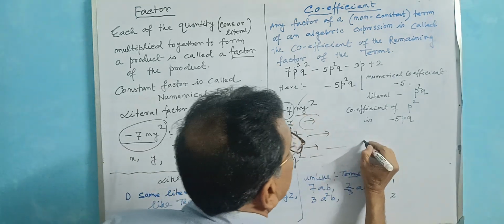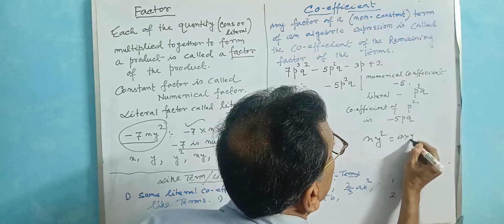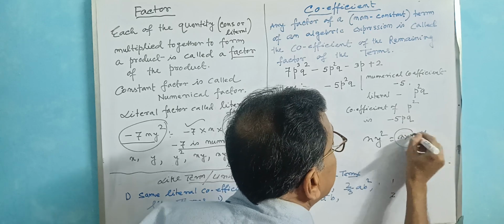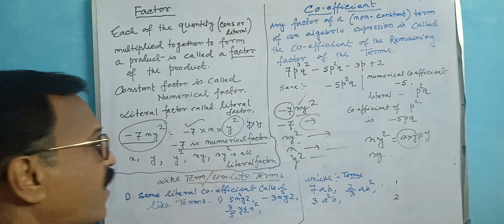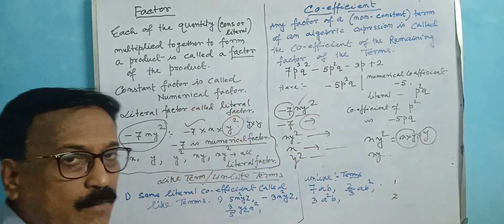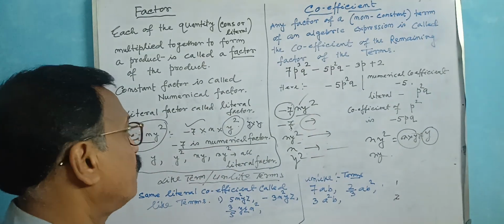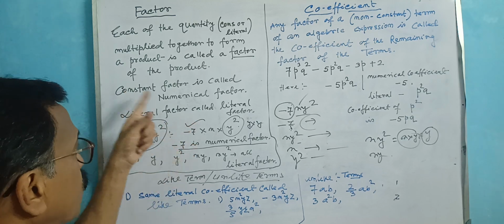Here xy square, you can write xy square as xy into y, so this xy is also separately a literal factor. Or separately y is a literal factor. This is the very important thing. Clear? So this is the literal factor and the constant factor.